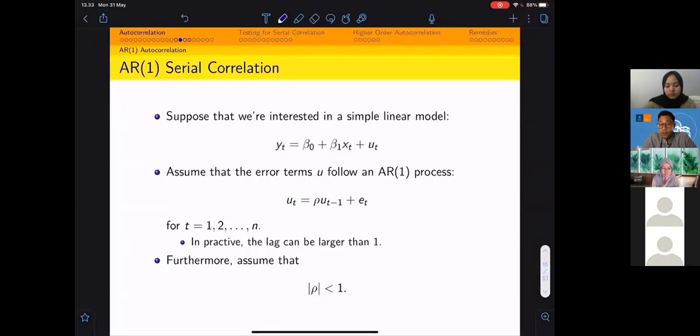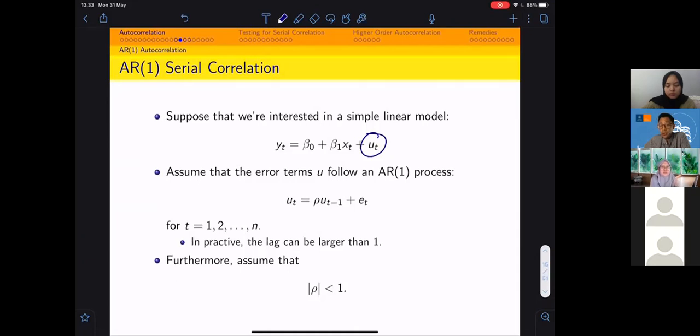But for simplicity of the discussion today, we're just going to assume a very simple linear model, and then you have these error terms, and the error terms follow an autocorrelation of degree 1 process.